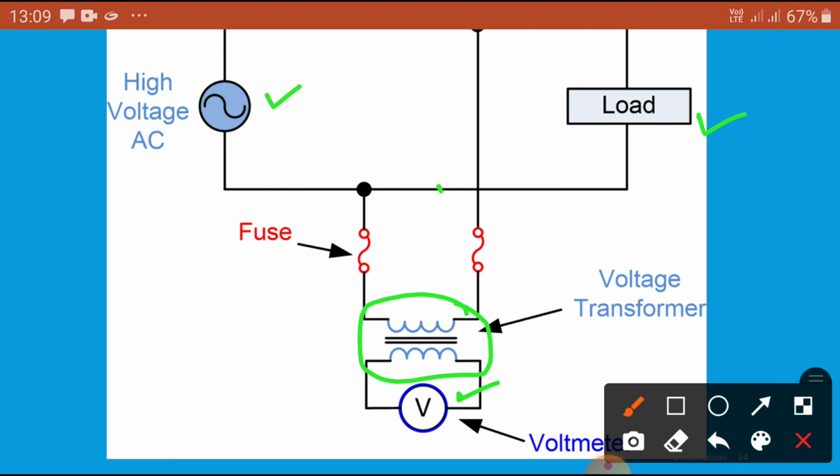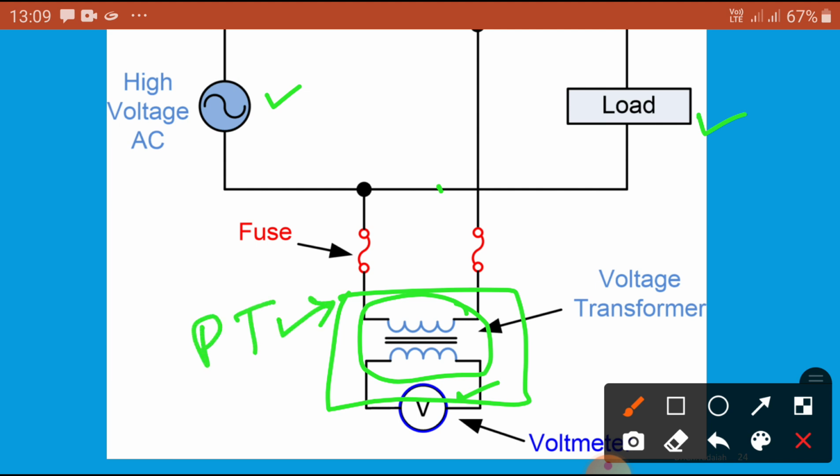So let us see the LT type, low tension type, and based on this principle how these PTs are manufactured and used for the different voltage purposes in the LT line. Okay, so you can see the LT line, sometimes HT 11 kV also. We know that if the voltage increases, the insulation value should be increased.